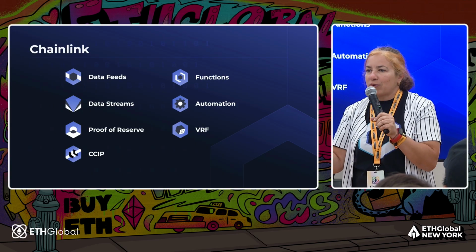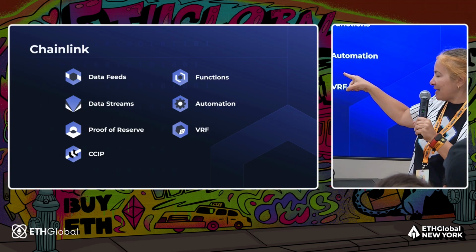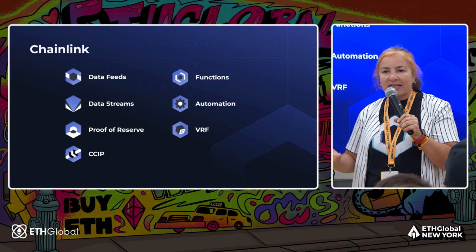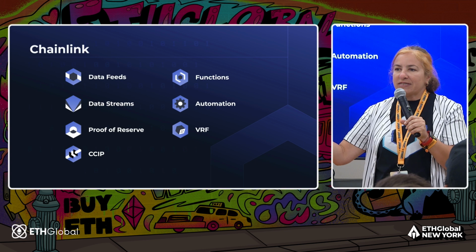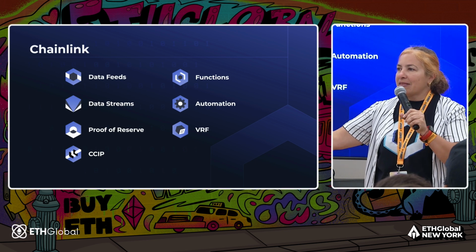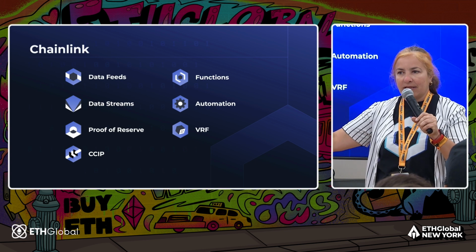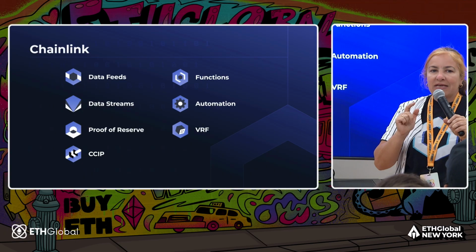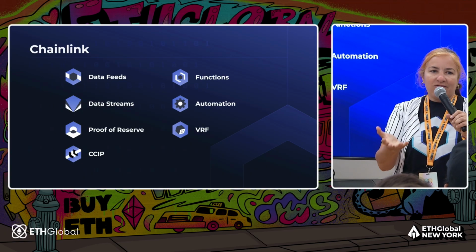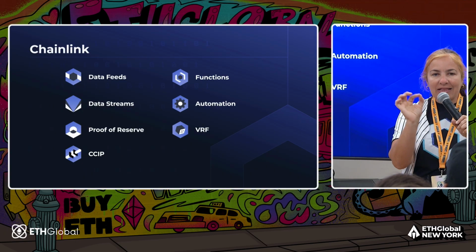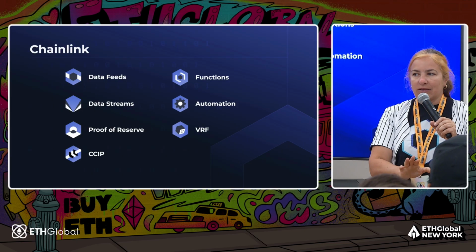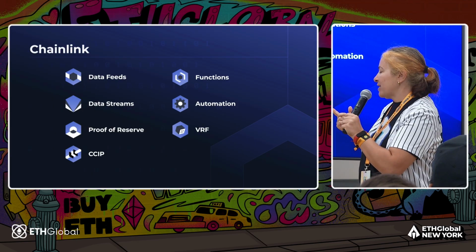This is what you can get with data feeds and data streams. The difference between them: with data feeds, you get the last time that the oracle was updated. With data streams, you get the value at that moment, the block in which you ask for it. Okay, this is the difference between them.